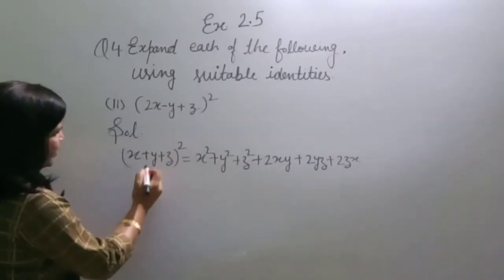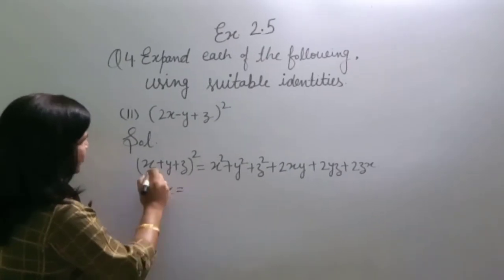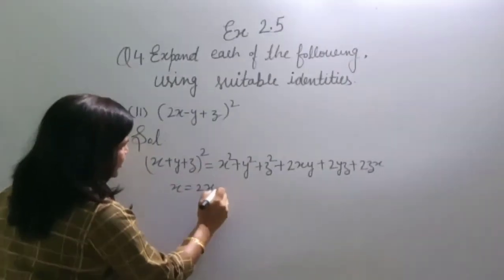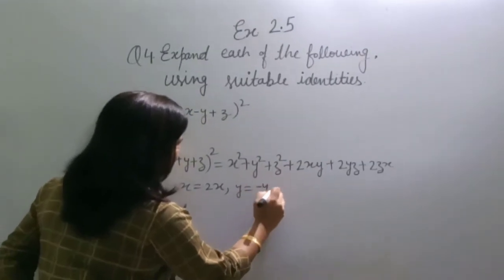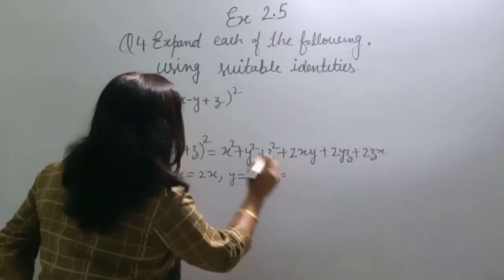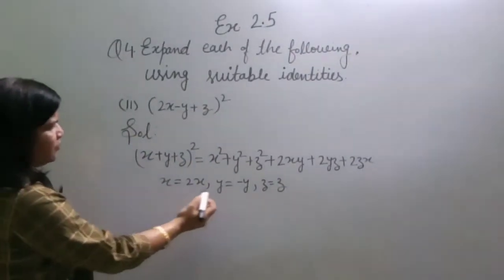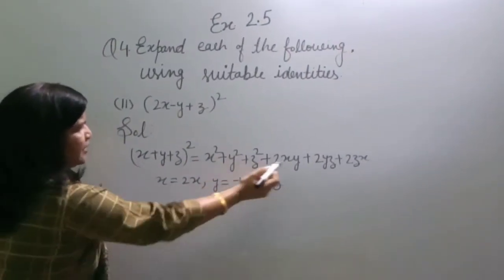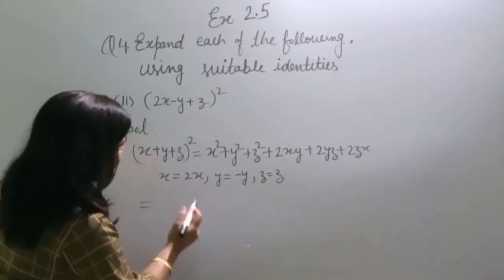Now we will find the values of x, y and z. Here x = 2x, y = −y, and z = z. Now we put these values in the expanded form, like in the previous part.